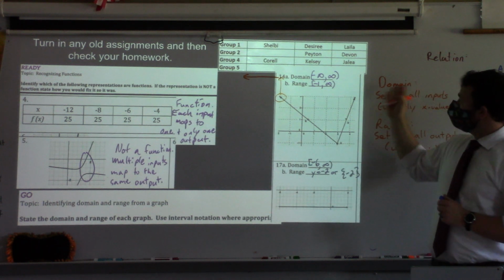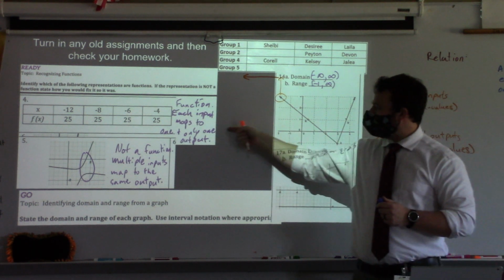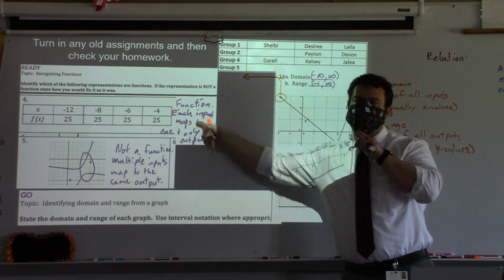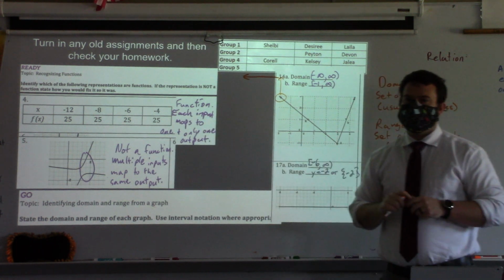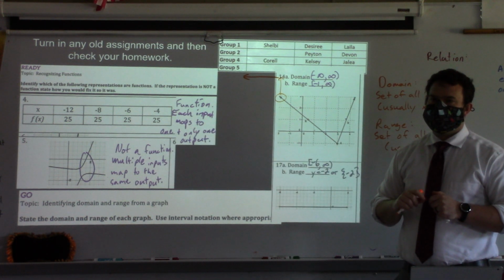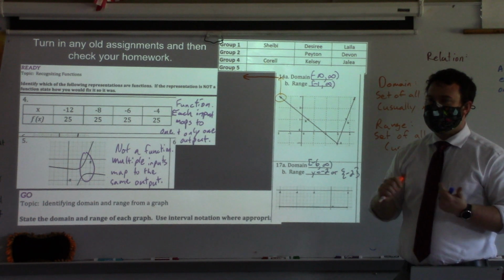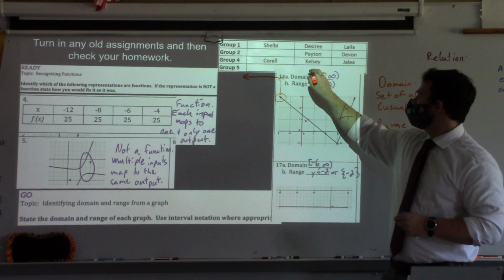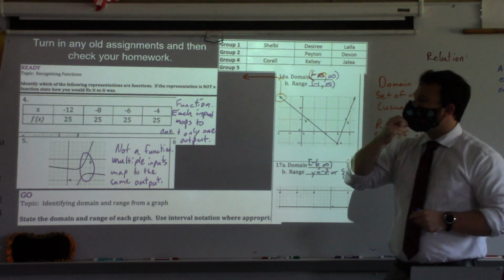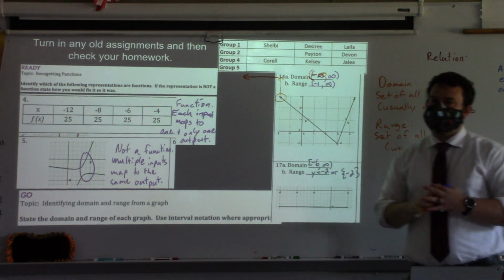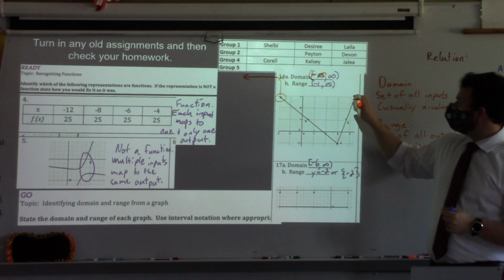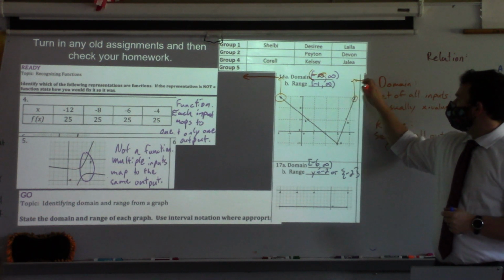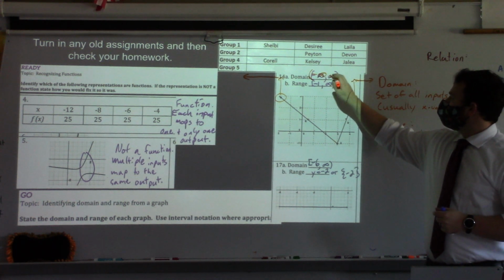So when we're talking about domain, it's going to keep going to the left. Those are my x values. What is the lowest x value that it will have? It'll never stop, so it'll go all the way down to negative infinity. And we can never equal an infinity, so it's always the parentheses there. Same thing here, up and to the right, so it's going to positive infinity.